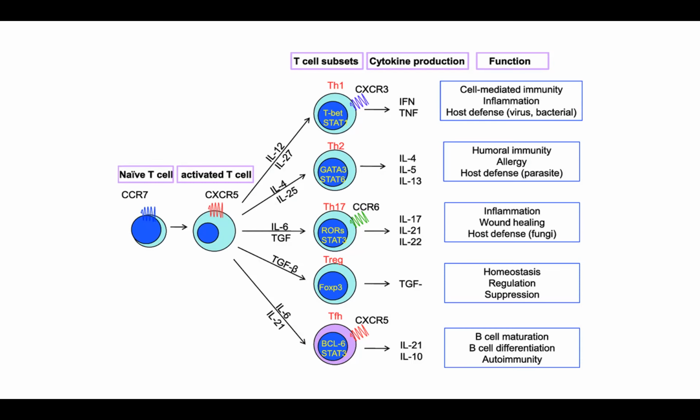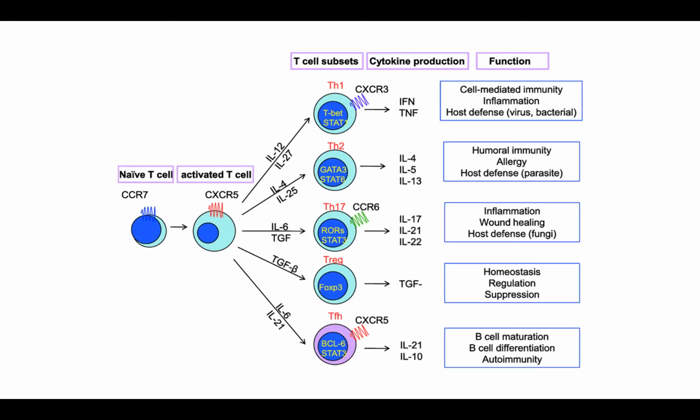Now, if a pathogen can use that receptor and get into the cell, this naive T cell or activated T cell, either through the CCR7 or CXCR5, then it could disrupt the cell.